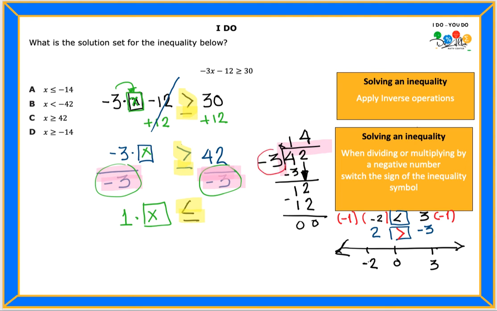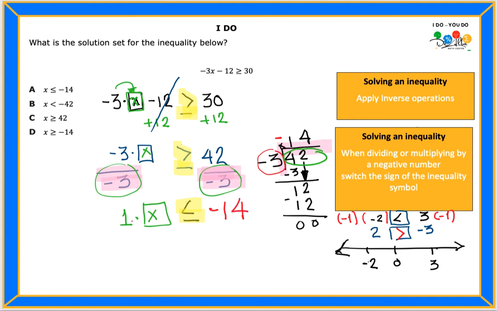You see how the divisor is negative and how the dividend is positive. When we multiply or divide a positive and a negative, the answer is gonna be negative. Great. So I'm gonna record that answer right here. 42 divided by negative 3 is gonna be negative 14.